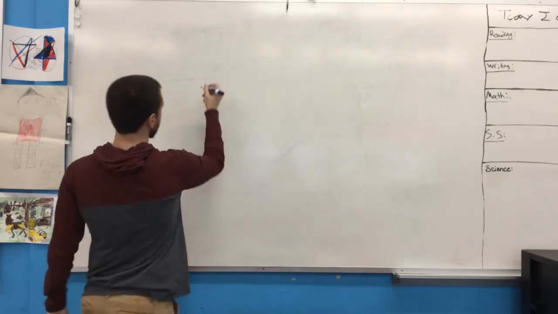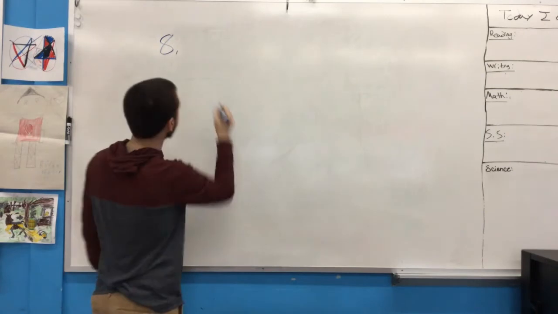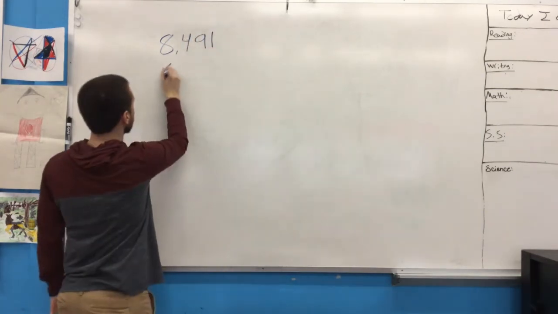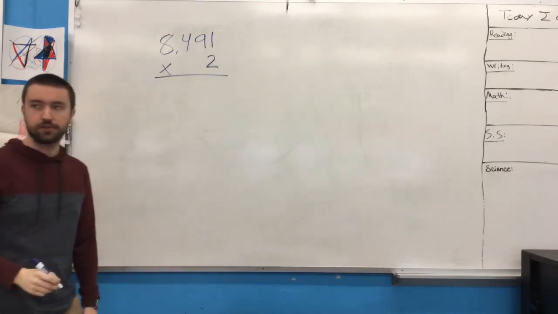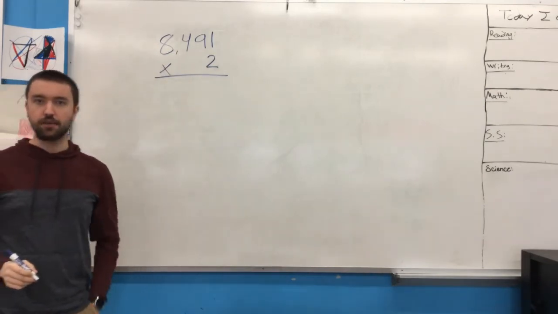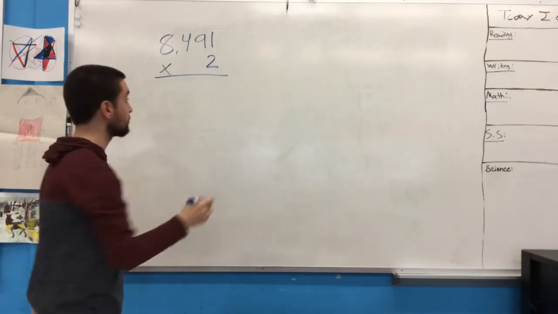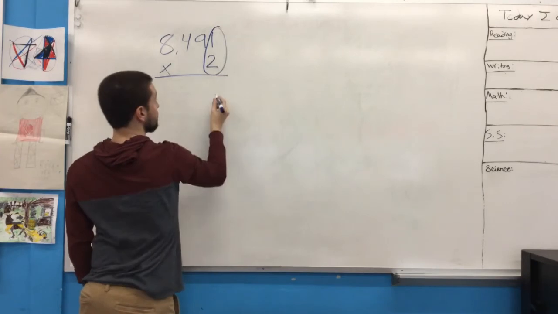That's 8,491 times 2. Let's start with our partial products. Each time we multiply, it's going to get its own line. I'm going to use the different colors again so that you can really see this. 2 times 1 is 2.